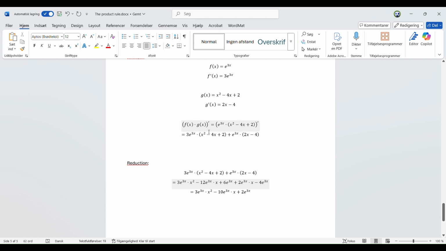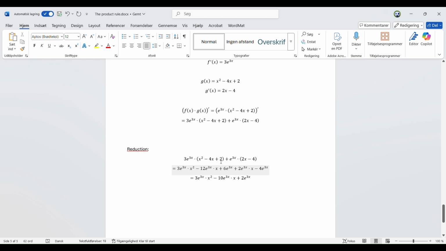If we just wanted to find the first order derivative of the product of these two functions, we can reduce this a bit, so we can multiply this into all terms in the first bracket, and we can do the same with this expression here into both terms here. Then we get all these terms, so 3 times e raised to the power of 3x times x squared, that would yield this result, and we do this for every term in here, we get these results, and then we multiply this into both terms here, and we get this.